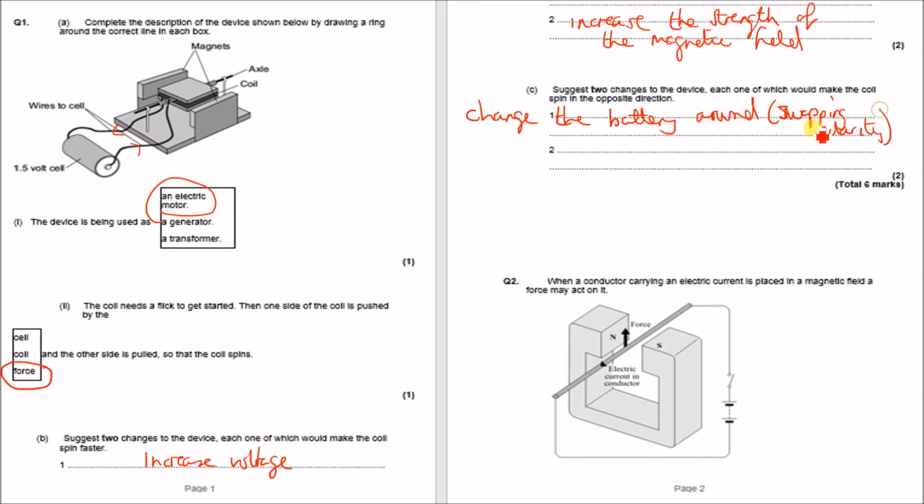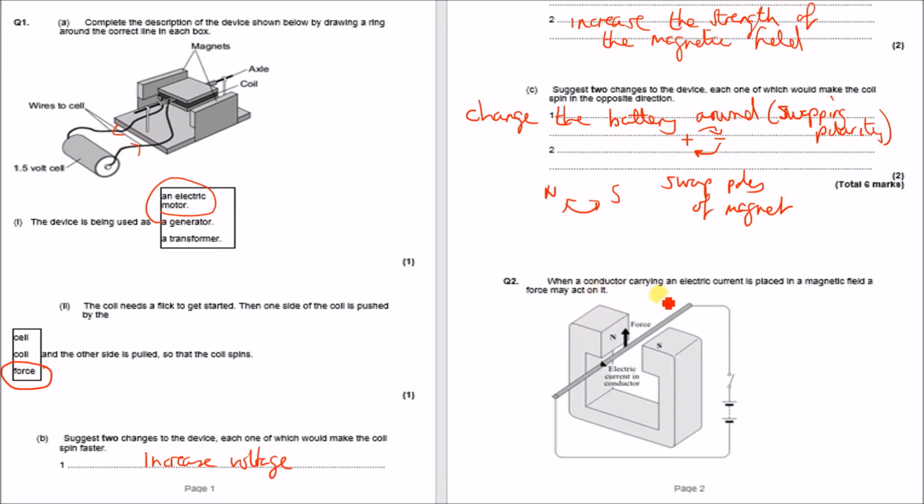Swapping polarity. So we've got plus here and minus there. We're swapping those two around, and that will change the direction of the current. The other thing we can do is, if we've got a north and a south pole here, if we swap the north and south pole around, then we'll get it to spin in the opposite direction. So swap poles of magnets.